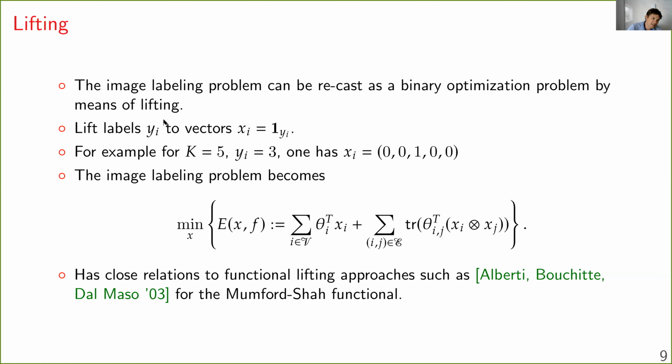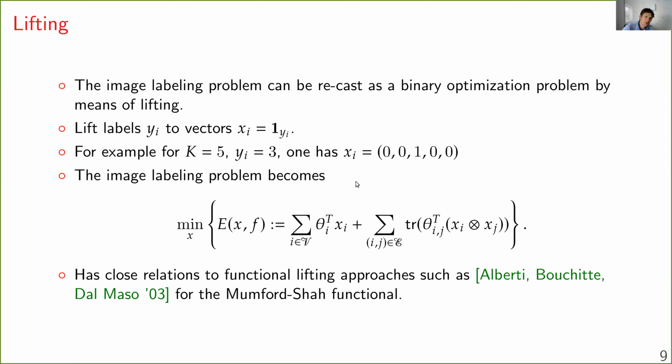So you replace labels yi, which could be tomatoes, apples, or just numbers, by binary indicator vectors, or sometimes they're also called one-hot encoding vectors. For example, if you have 5 labels and the label yi is 3, then the corresponding one-hot encoding is a vector 0, 0, and on the third position it has a 1 and the rest is 0.